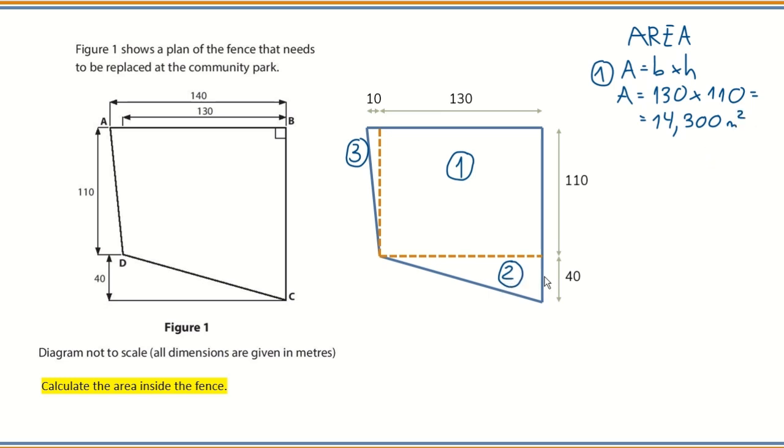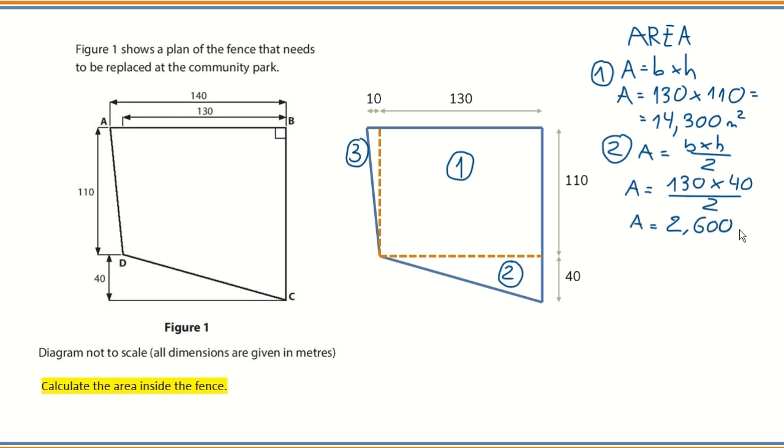The area of the shape number 2 is a triangle, so it's going to be base times height divided by 2. The area is the base 130 times the height 40 over 2. And this is 2,600 meters squared.